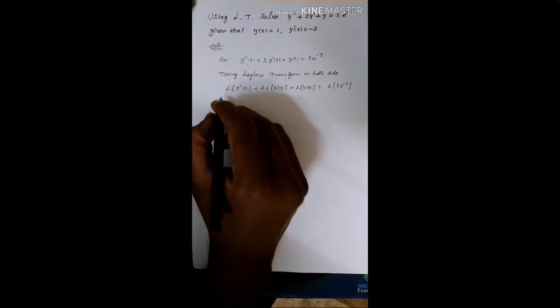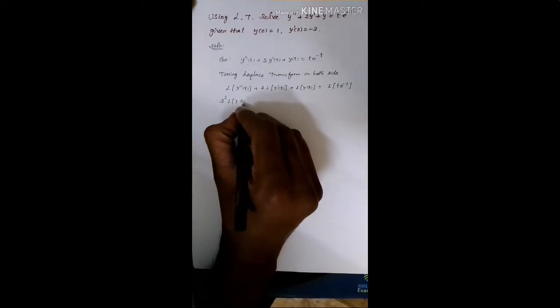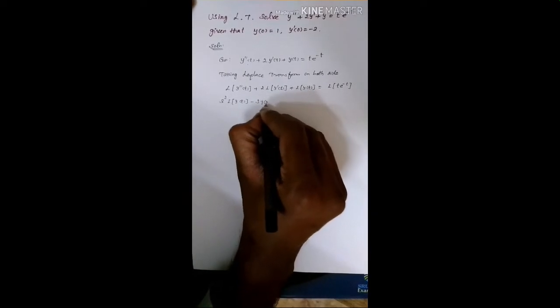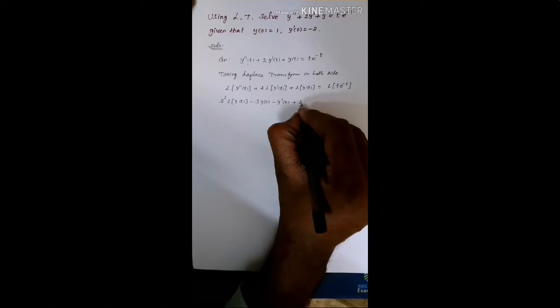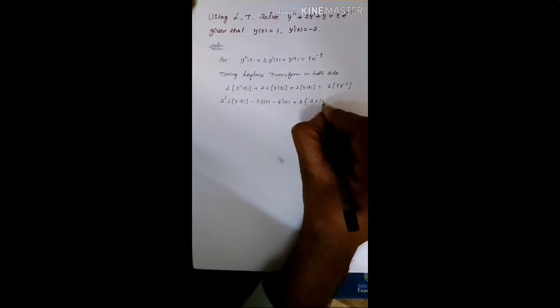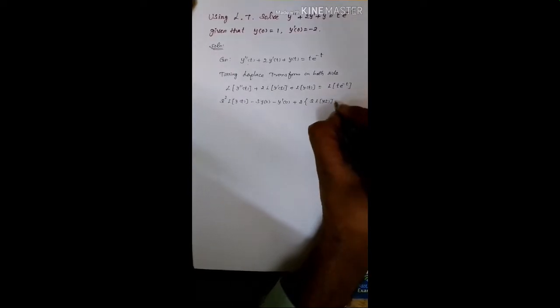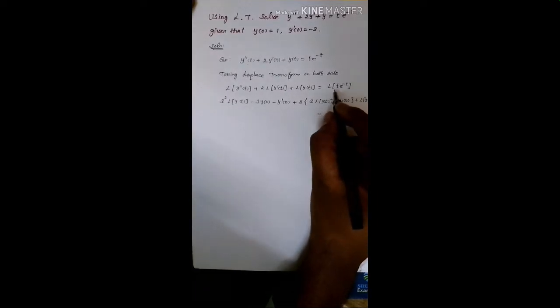So L of y double dash formula is s square into L of y of t minus s into y of 0 minus y dash of 0, plus 2 into L of y dash of t, whose formula is s into L of y of t minus y of 0, plus L of y of t, that's equal to Laplace transform of t e power minus t.